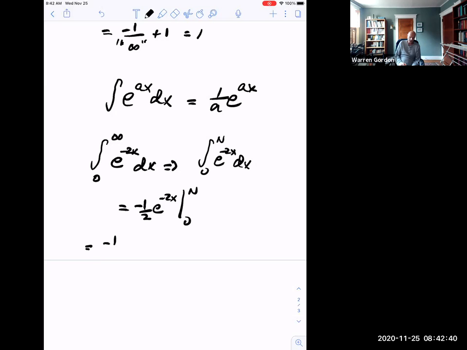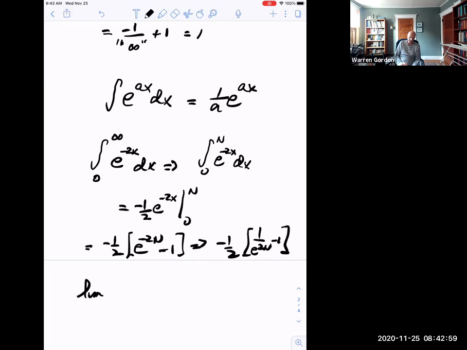That's equal to minus 1/2 times e to the minus 2n minus 1. Let me just remind you that I could write this as 1 over e to the 2n, minus 1.